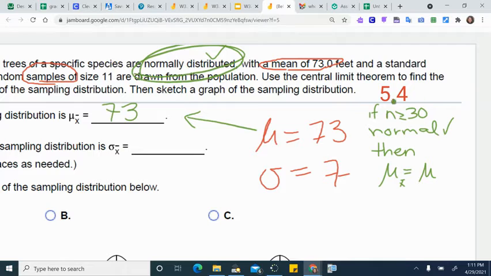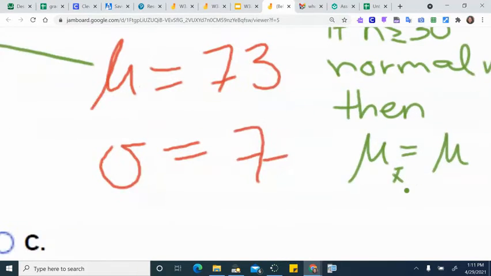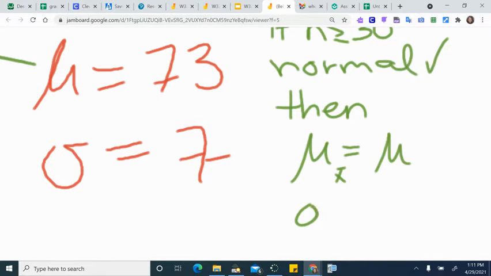Section 5.4 also told us that the standard deviation of the sampling distribution was going to be whatever the standard deviation was originally divided by the square root of the sample size.